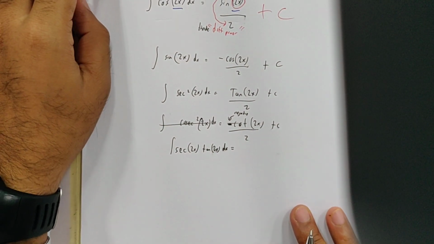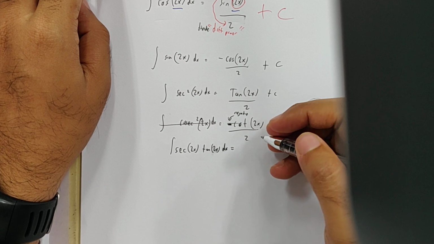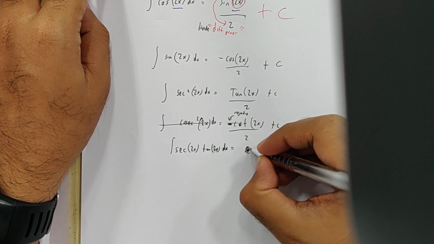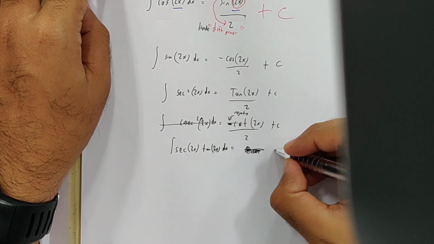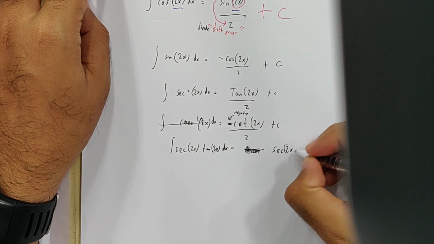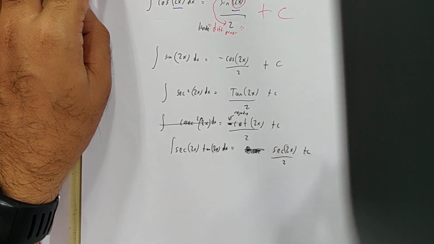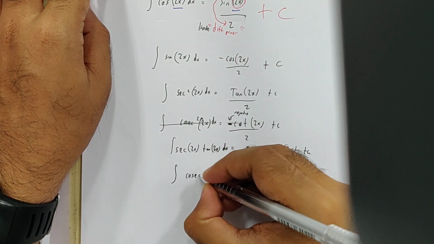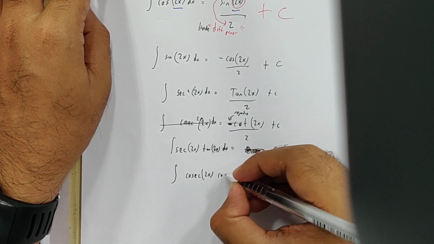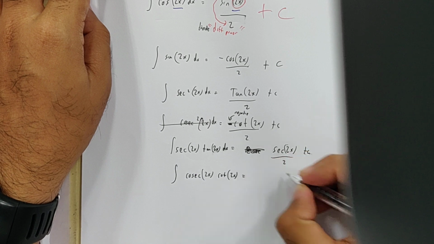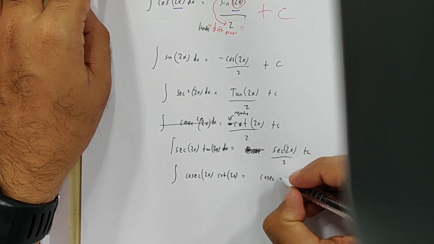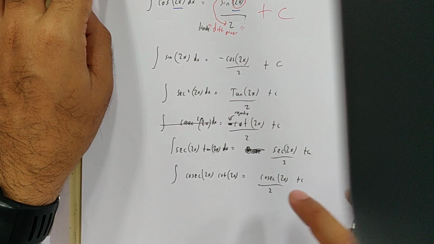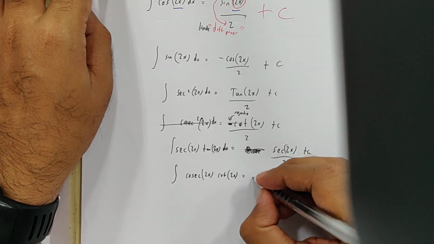Over 2, remember that. And finally, is this okay? They need to have this negative.